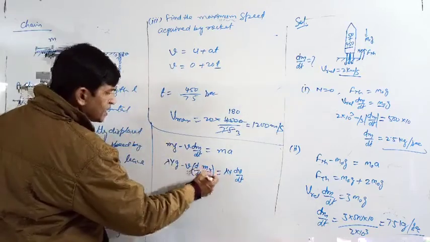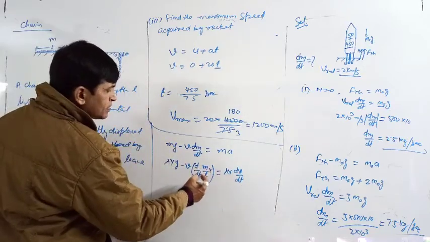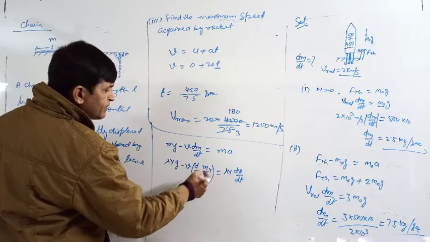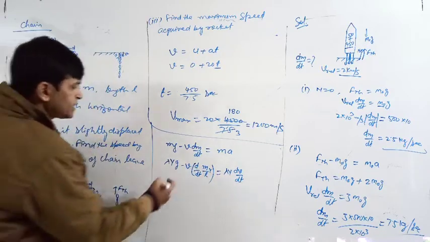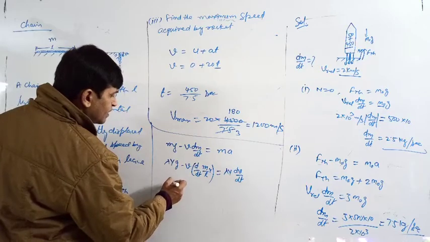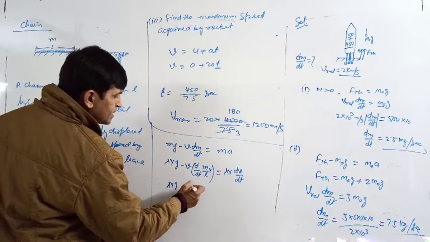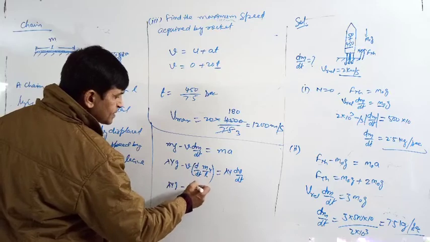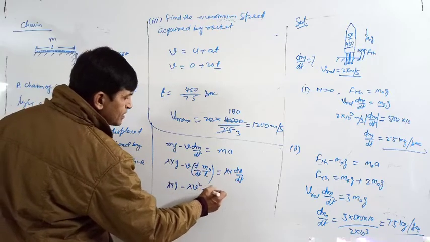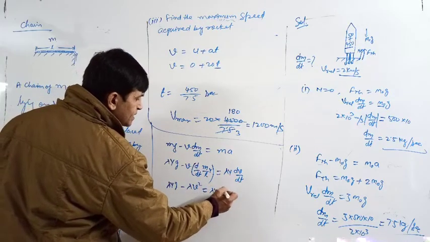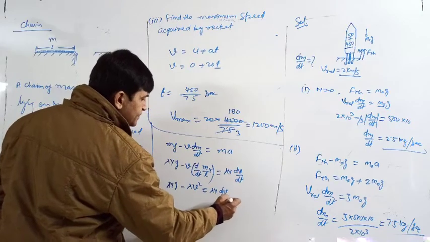Now further, dm by dt is lambda dy by dt, and dy by dt is your velocity. I can write lambda y g minus lambda v square equals lambda y dv by dt.